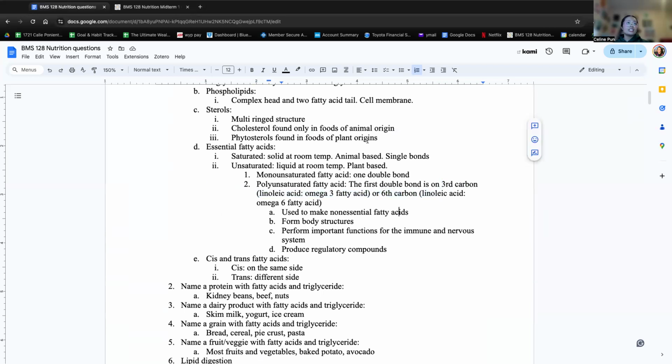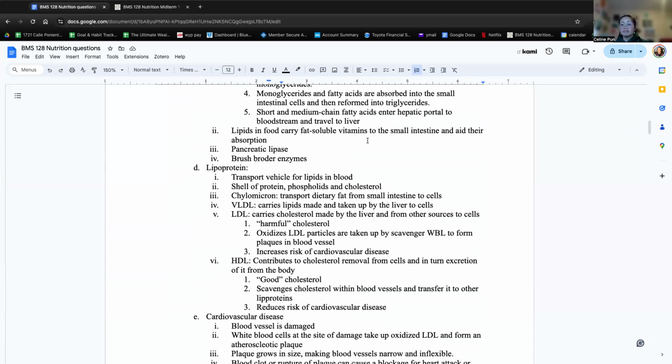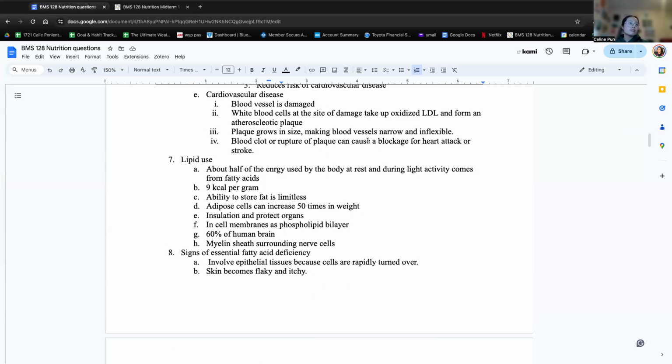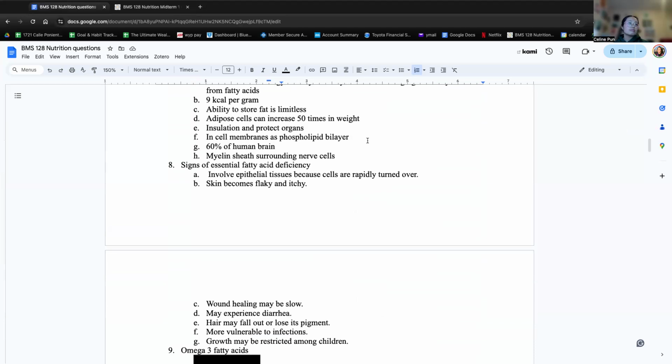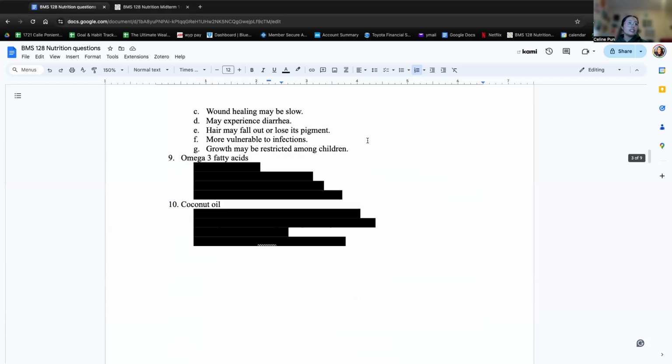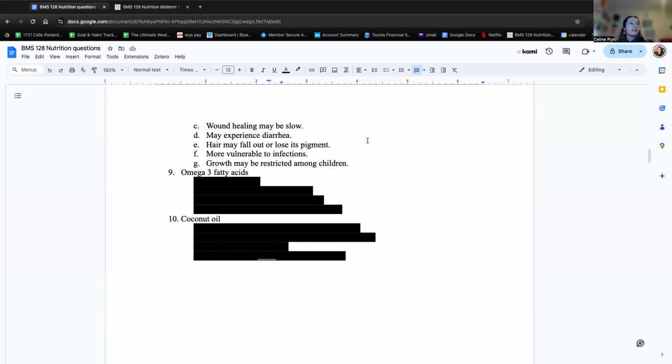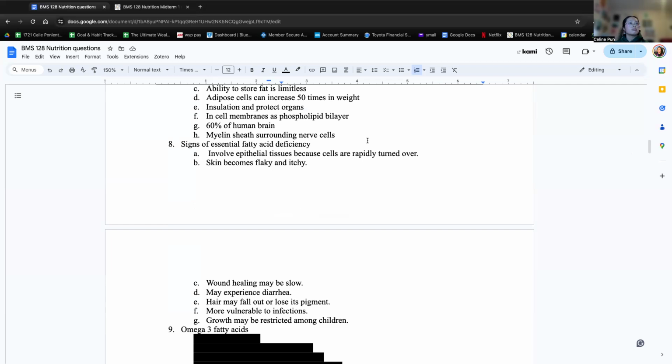And why do we have to consume essential fatty acids? You remember? Why do we need to consume them? What function do they have? Many functions.